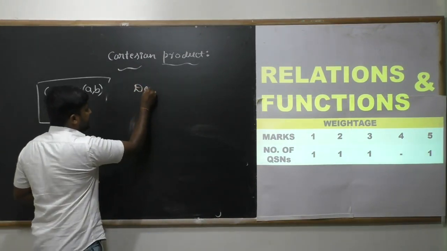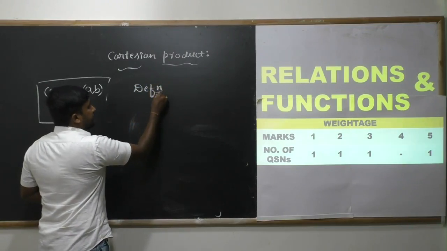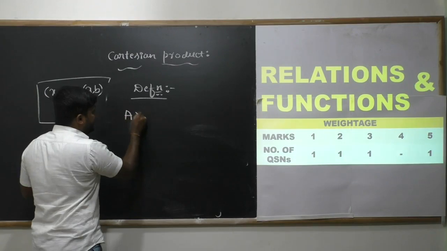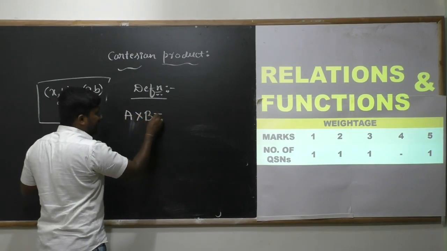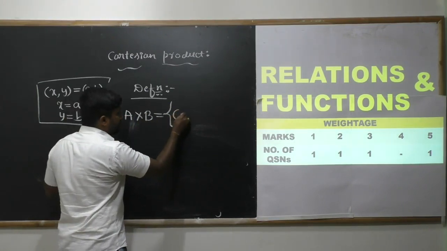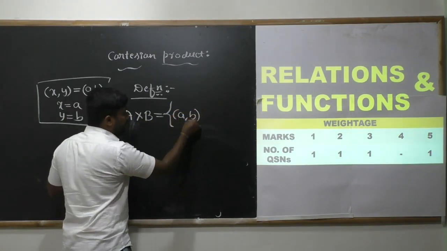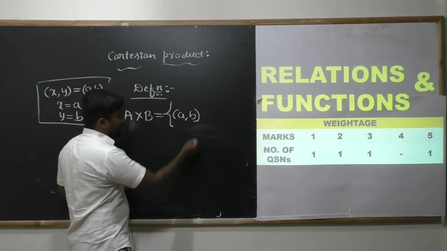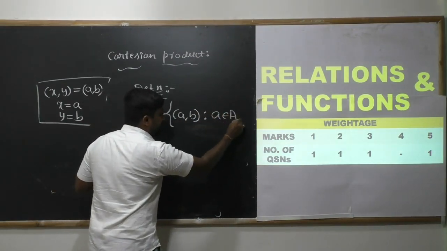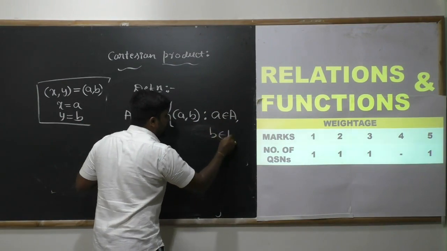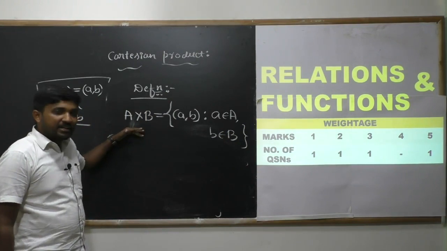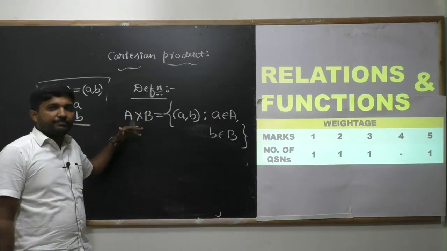Definition is, set A cross B is equal to the set containing ordered pairs (a, b) such that a belongs to the first set A and b belongs to the second set B. Okay, this is the definition of A cross B.